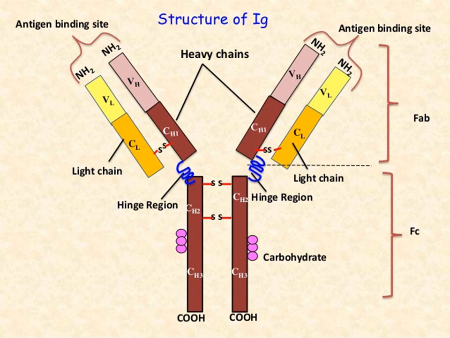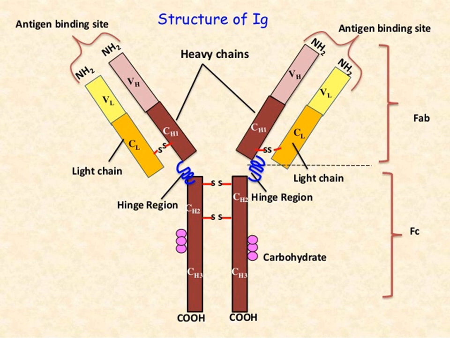As you can see, each light chain and each heavy chain is divided into various segments. It is divided into variable region and constant region. The variable region is denoted by the letter V, while the constant region is denoted by the letter C. So the variable and the constant regions are present in both the chains.